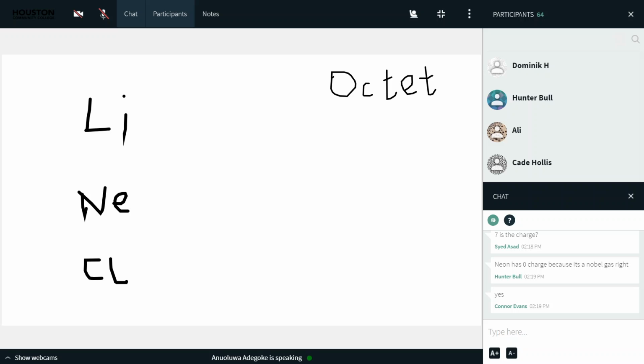So the only elements on the periodic table that have 8 are the noble gases. The noble gases are right there in group 8. You know why they're in group 8? Because they have 8 electrons on their outermost energy level. So they are stable. That is why noble gases typically don't form compounds, except in rare cases.